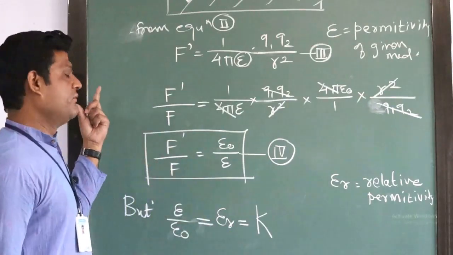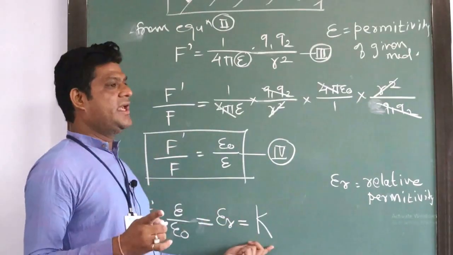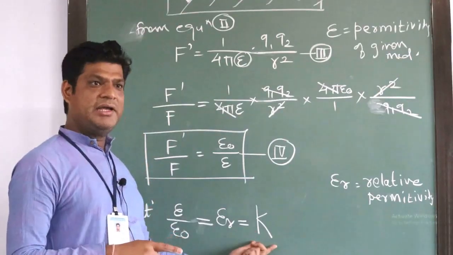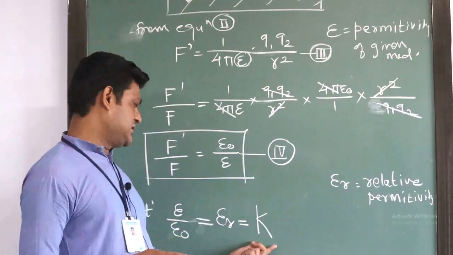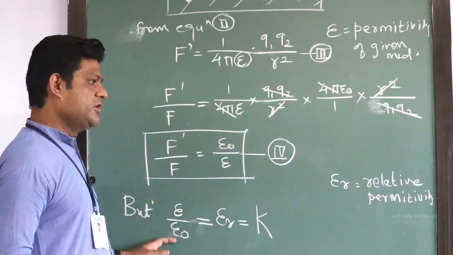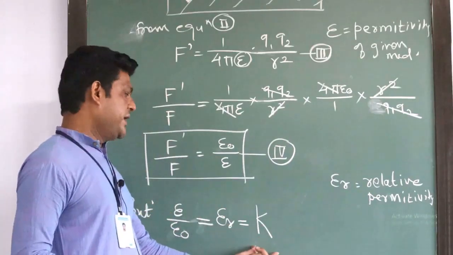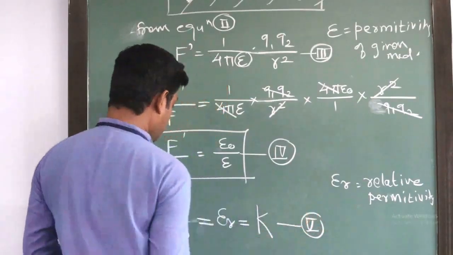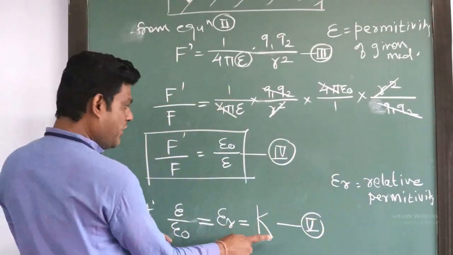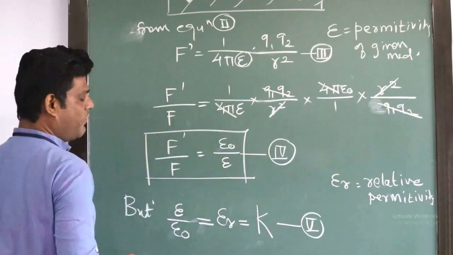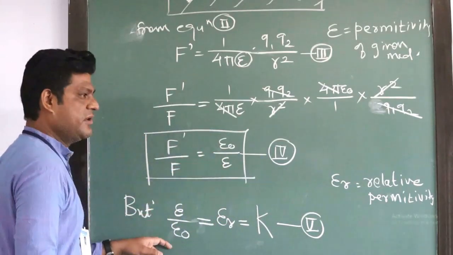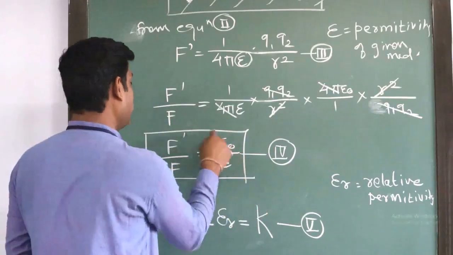Before this, we wrote a small k, that is the Coulombian constant. It is capital K, the dielectric constant. So epsilon divided by epsilon 0 is equal to K. Put this value, equation 5, epsilon by epsilon 0 equal to K, in equation 4. So here we will write 1 by K.